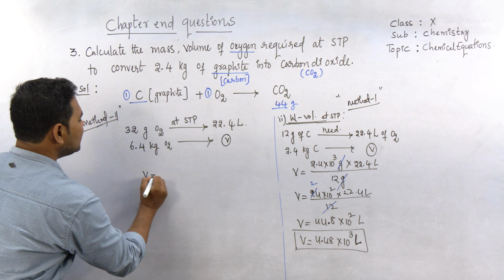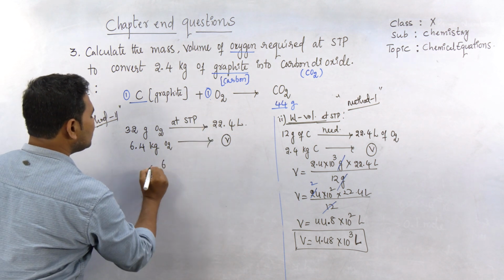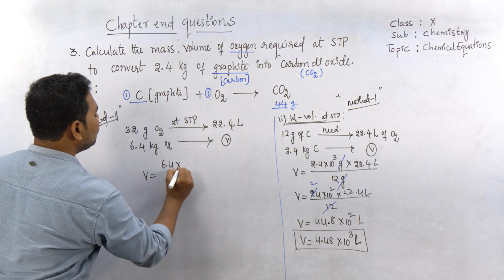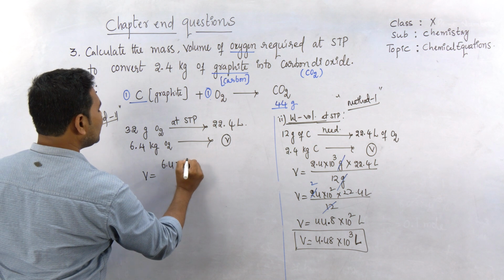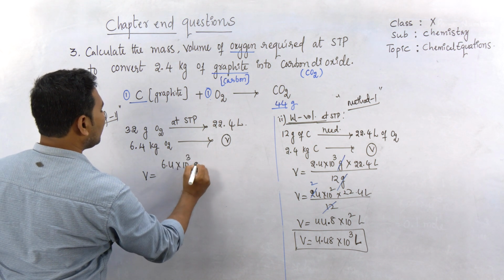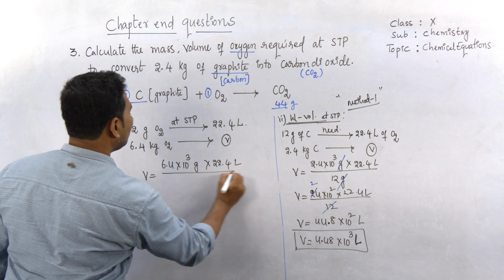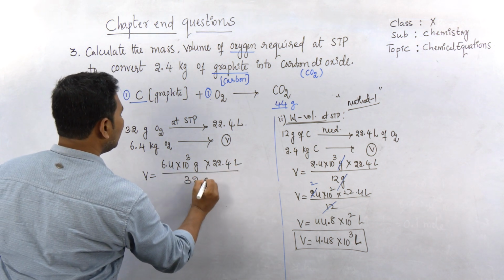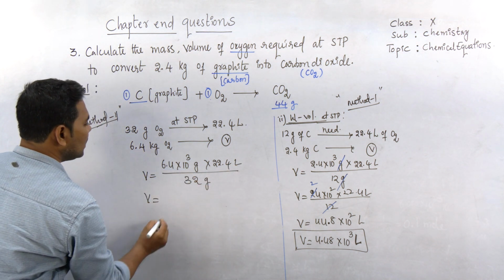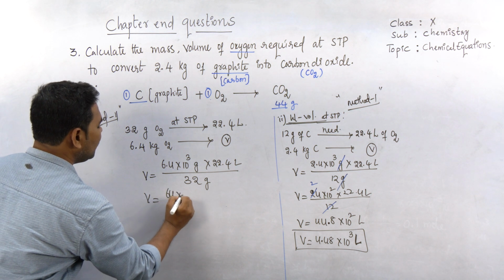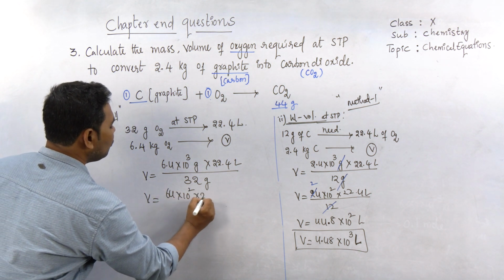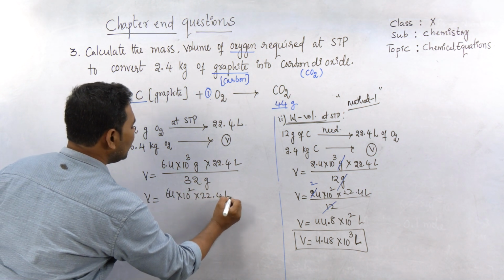Now V is equal to, we just cross multiply, 6.4 into 10 to the power 3 gram into 22.4 liter by 32 gram of oxygen. I just write this as 64 into 10 square into 22.4 liter gram.